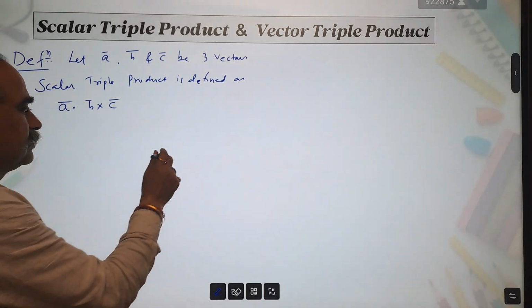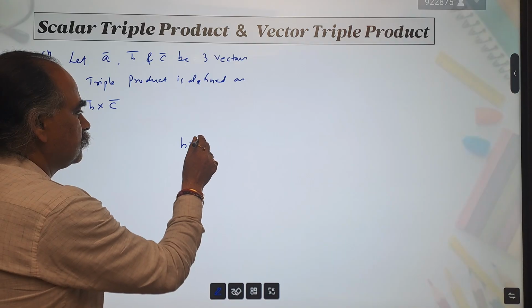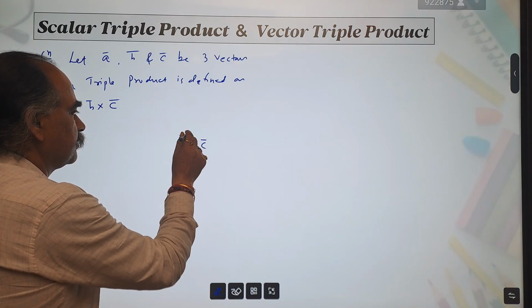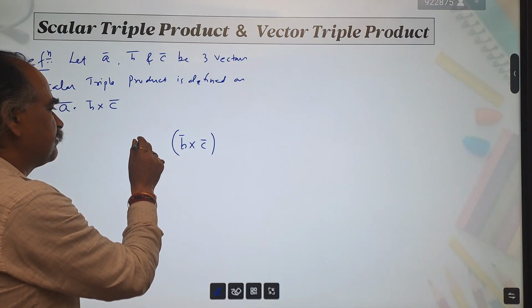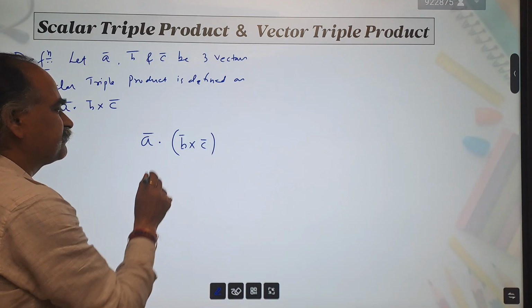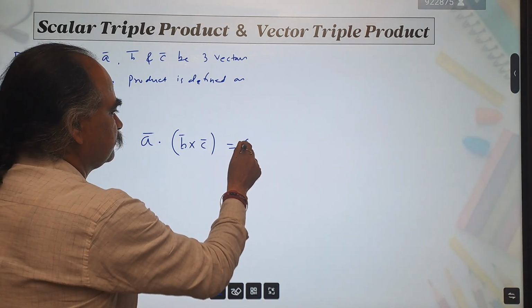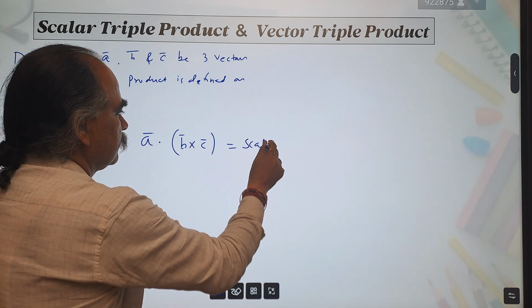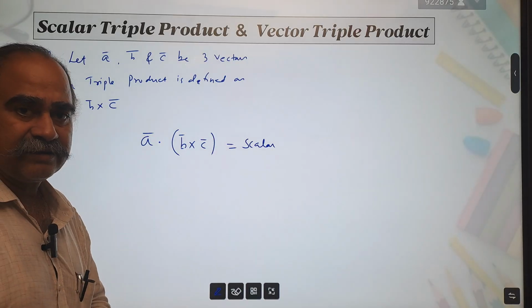Why? Because B bar cross C bar gives a vector. A bar is a vector. A vector dot vector is possible and answer is what? Scalar. That is why this product is known as a scalar.